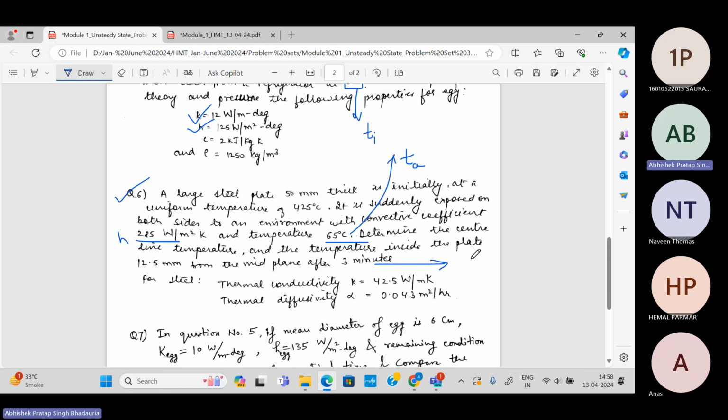This is tau, the time. This is initially at a uniform temperature 425 degrees Celsius, this is Ti. This is the thickness, that is 2L.